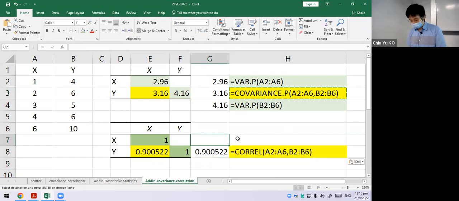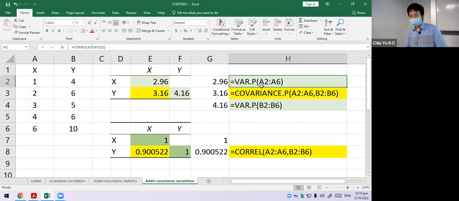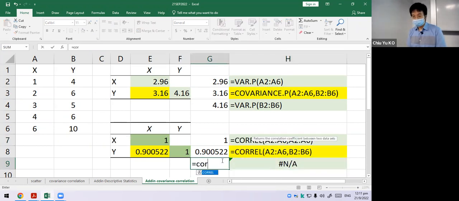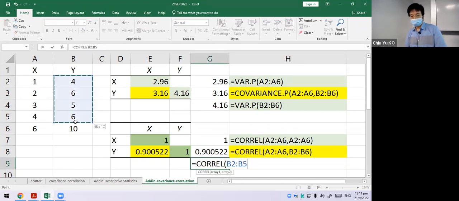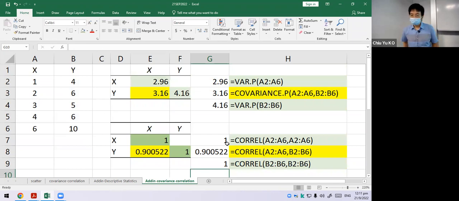If I do correlation of X and X, it should be 1. I hope that does not surprise you. When I do correlation of Y and Y, I should see the same thing. So I hope now it's more or less clear what's going on.